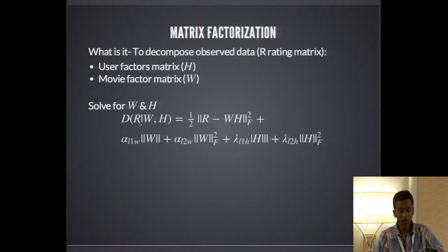The equation on this slide is a very generic one, where the first term shows that we want to decompose the rating matrix in terms of the two factor matrices such that the reconstruction error is minimized. The second and third terms introduce sparsity on those two factor matrices, and the fourth and fifth terms introduce some sort of smoothing factor.